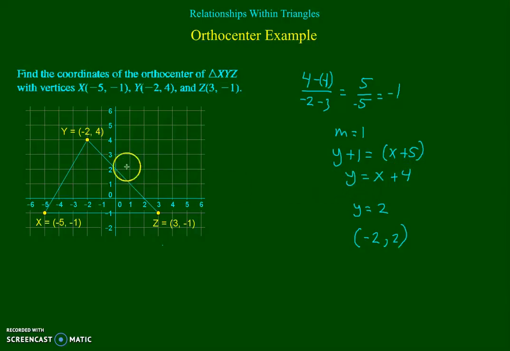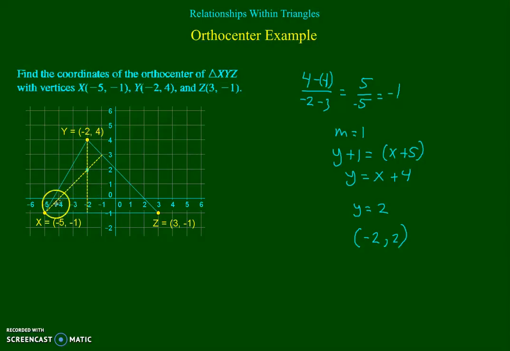And when we take this x-coordinate, which is negative 2, and we substitute it in for this x-coordinate, because this line and this line have to intersect, negative 2 plus 4 is 2. So our y-coordinate is 2. Therefore, since the x-coordinate is negative 2 and the y-coordinate is 2, negative 2, 2 is our target point.